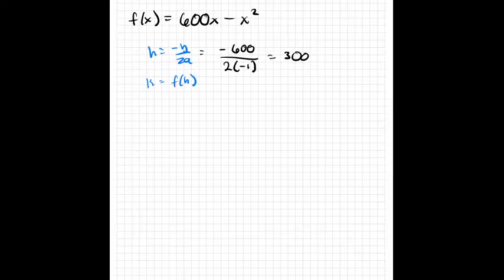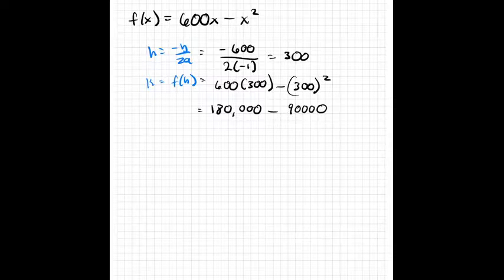So that's going to be 600 times 300 minus 300 squared. 180,000 minus 90,000 equals 90,000.